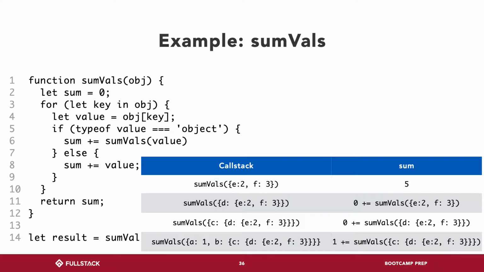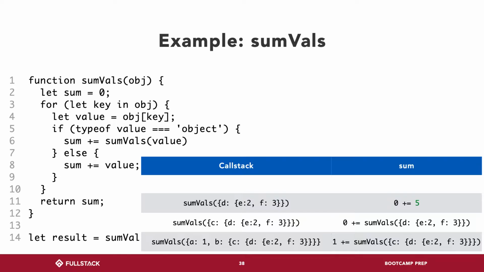Only one more thing left to do, return 5, and then take that function call off the call stack. So the return value of this will be added to the total in this call. So it returns 5, so then 0 plus equals 5 over here. And this thing can continue to run.